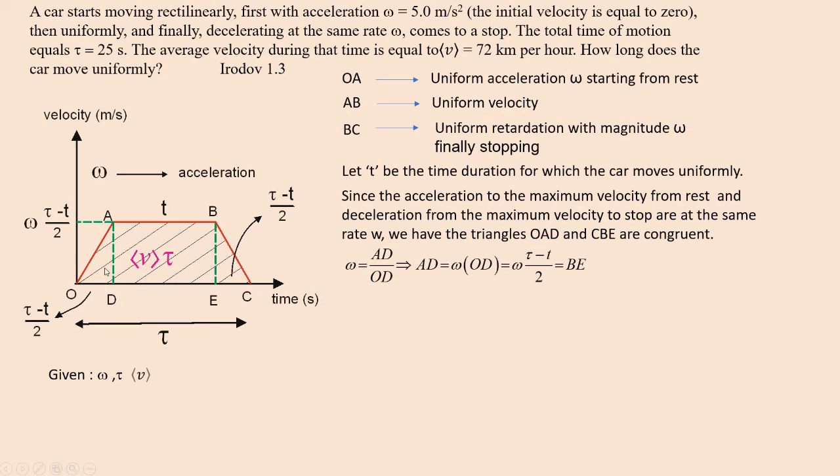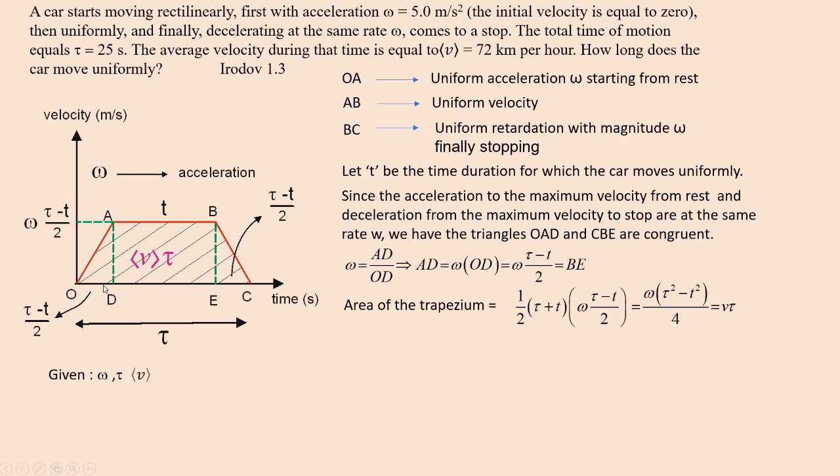Omega, the acceleration, is the slope of the line OA, right? AD by OD, so AD equals omega into OD, and OD is tau minus T by 2. The same holds for BE also. Then the area of the trapezium is half into the sum of the parallel sides.